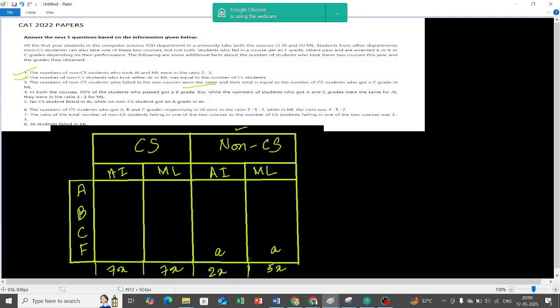So if I add both of them, A plus A is 2A. CS student, so come to CS students. First of all add these two, that is A plus A is 2A. Now come to CS students who got C grade in ML, that is 2A.